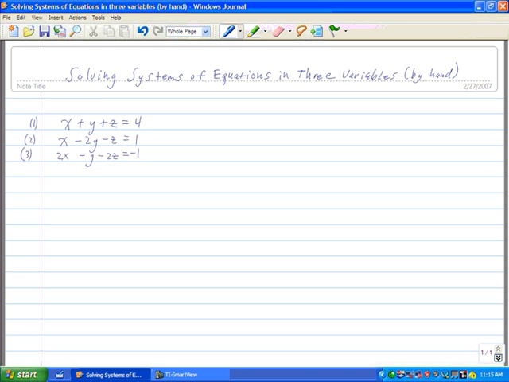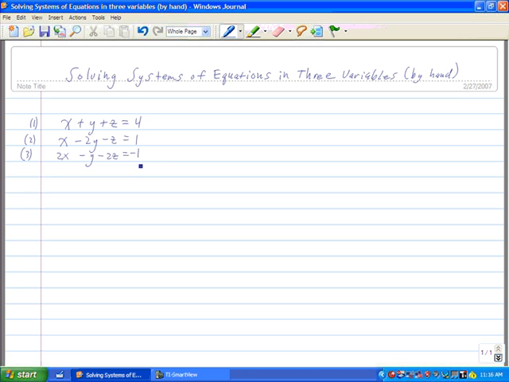When you solve 3 equations with 3 variables by hand using the elimination technique, the idea is to take the top 2 equations, eliminate a variable, and then take the bottom 2 equations and eliminate the same variable over again. Now, when I say top 2 and bottom 2, you notice that equation number 2 is going to get used twice, which is okay.